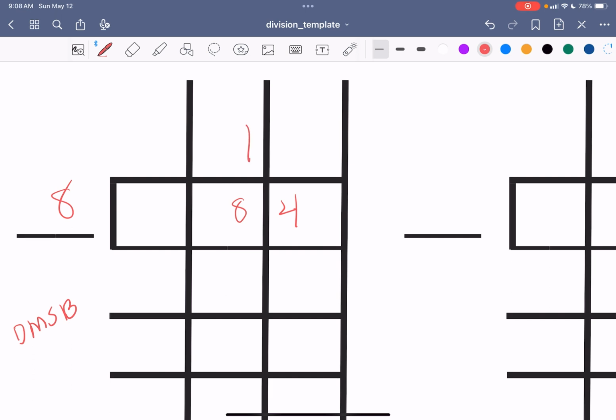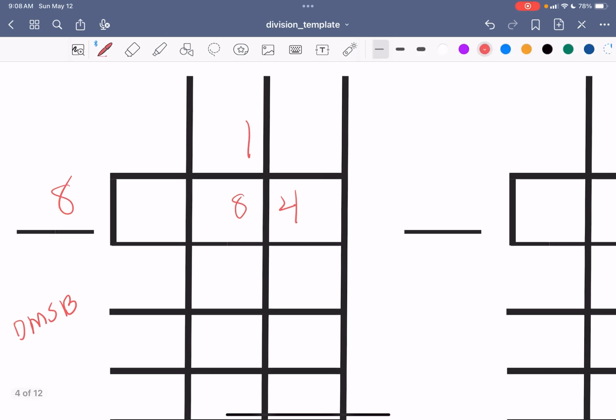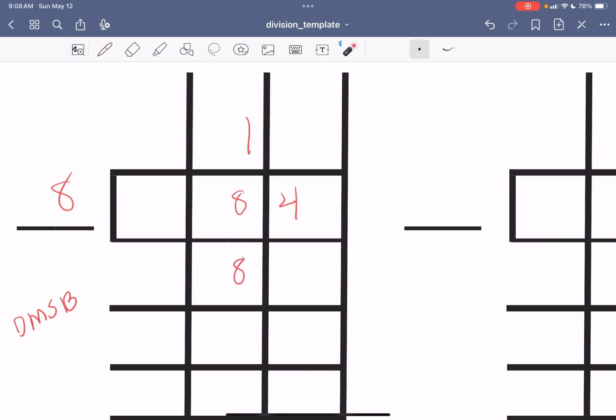So now I have to multiply. 1 times 8 is 8. Now I have to subtract. 8 minus 8 is 0. Bring down the 4.